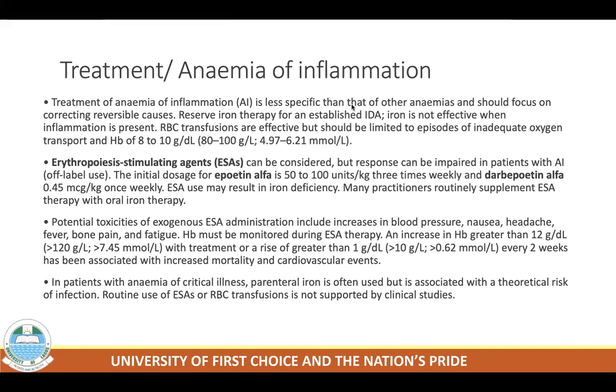How long should ESAs be used? It's usually up to the physician caregiver, but as soon as you get the patient's hemoglobin level to the required levels, usually it is discontinued.